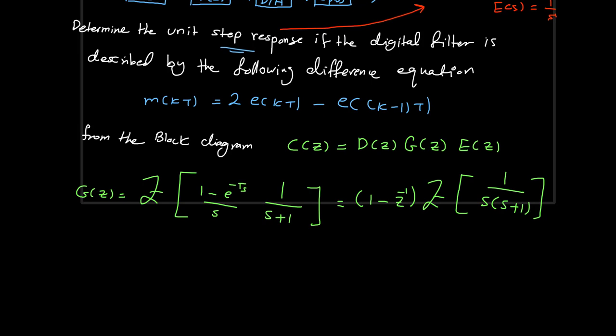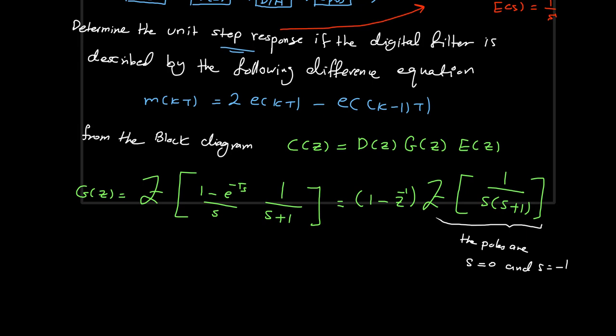Now, this one we can solve using the residue method. So, here we have two simple poles. The poles are S equal to 0 and S equal to minus 1.